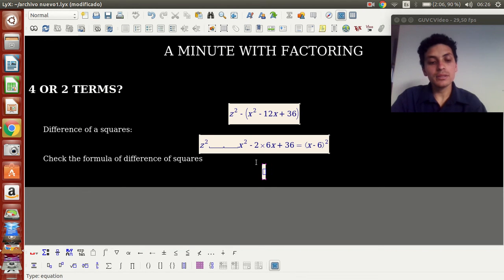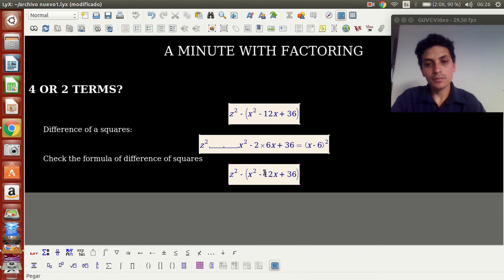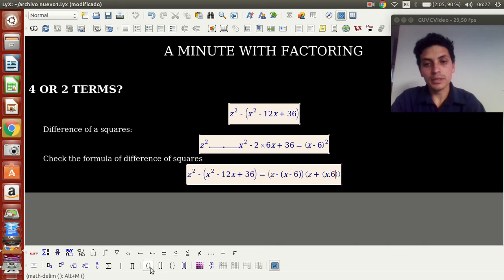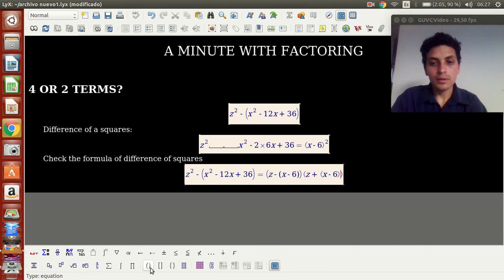So a squared minus b squared is equal to a minus b, z minus (x minus 6), and the factor a plus b, z plus (x minus 6). Okay?